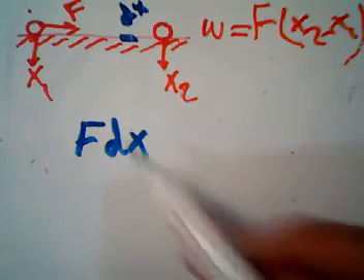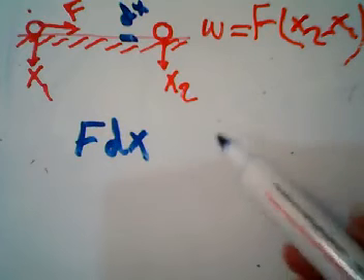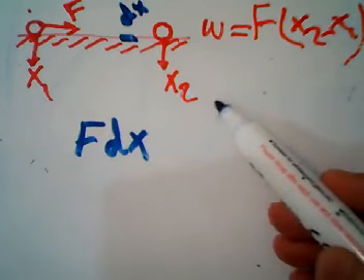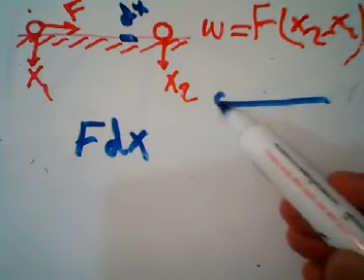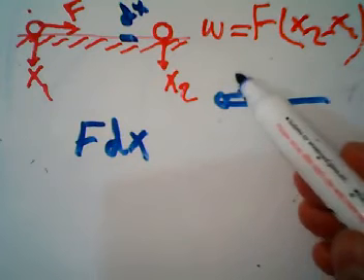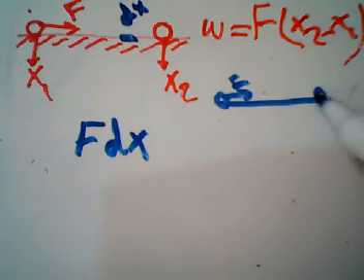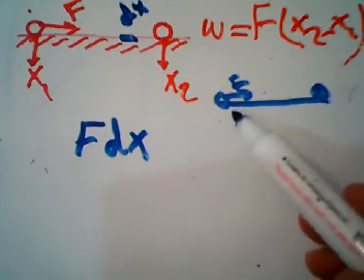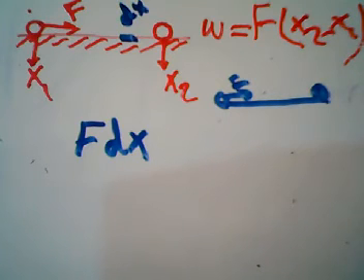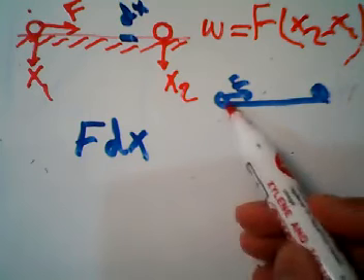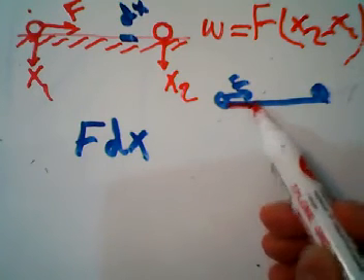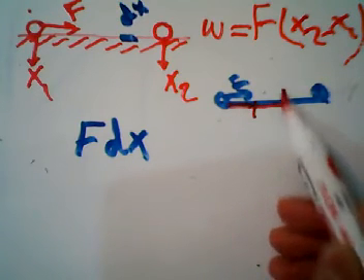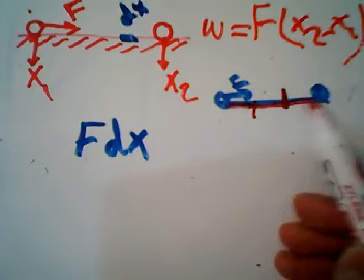Then the whole work, and the work has some property that if a force is applying on an object from here to here, the work done on it equals the work done from here to here, plus the work done from here to here, plus the work done from here to here.